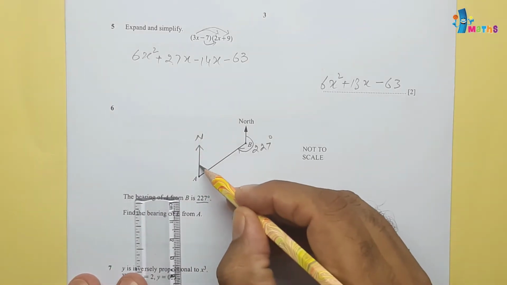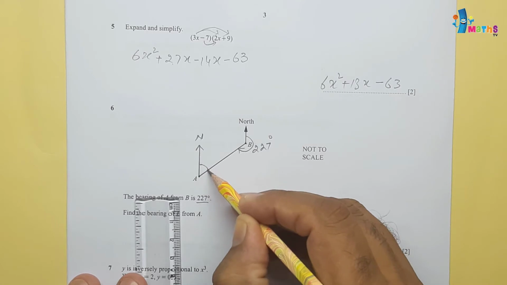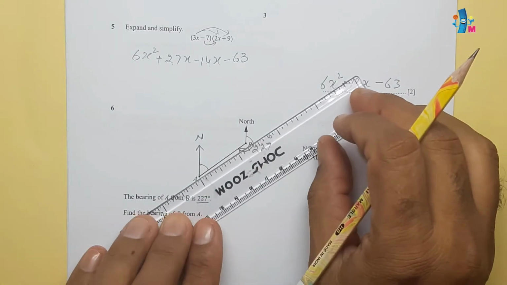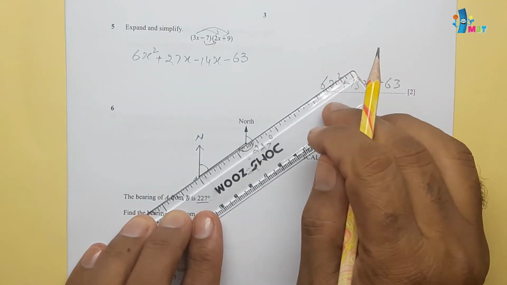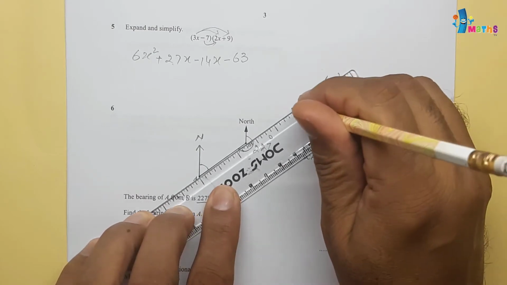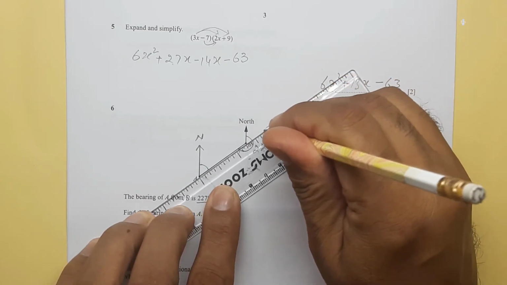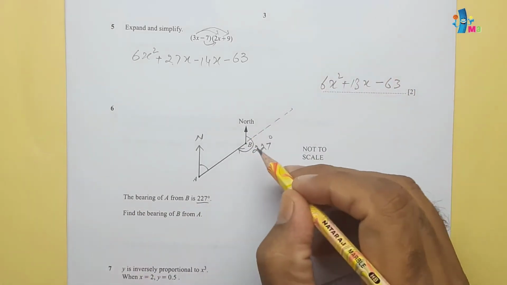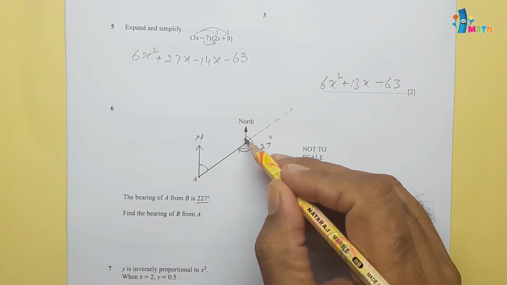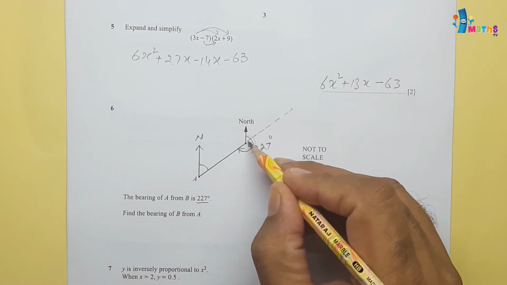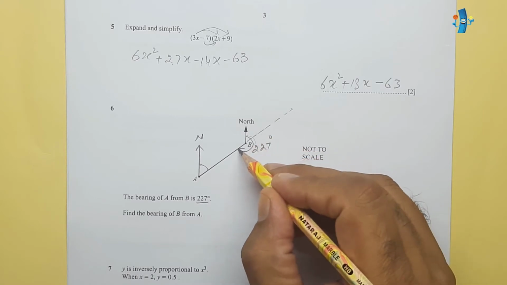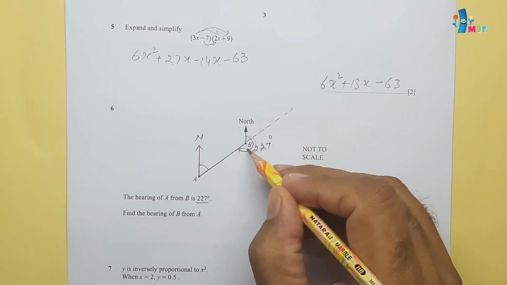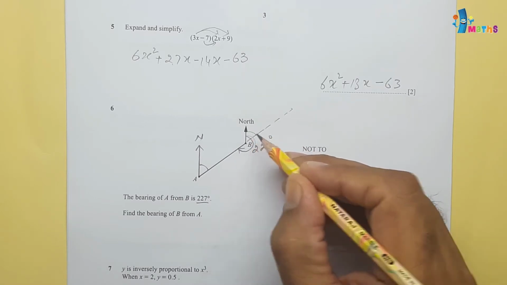Now we have to find this angle. To find this angle, we can extend this line with a dotted line. The total angle is 227. This is a straight line, which is 180. So 227 minus 180 will be this angle.